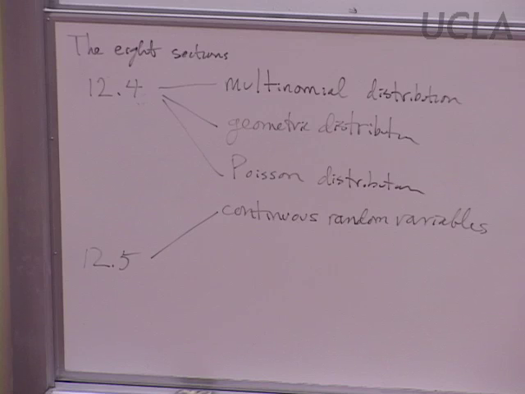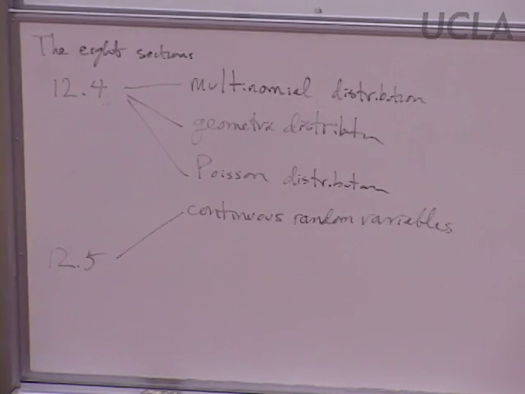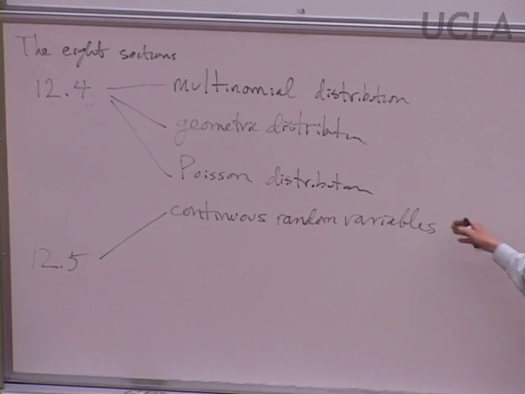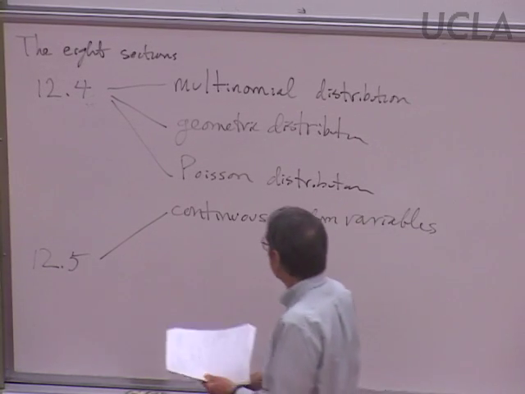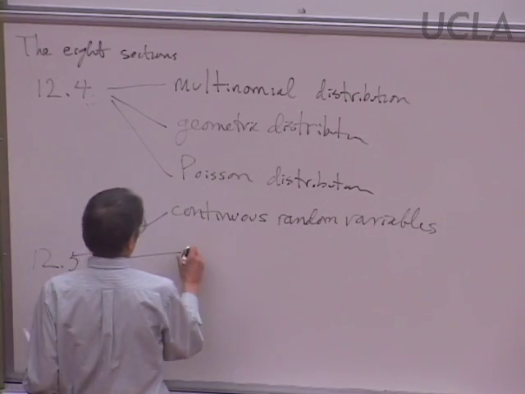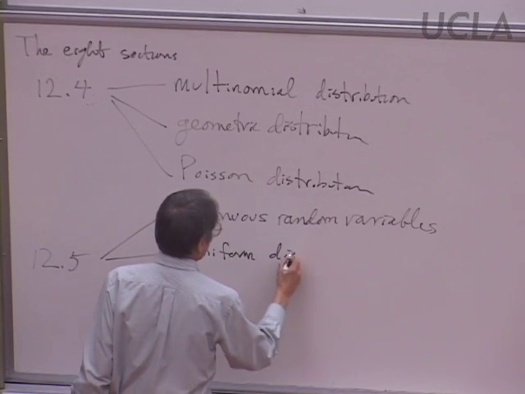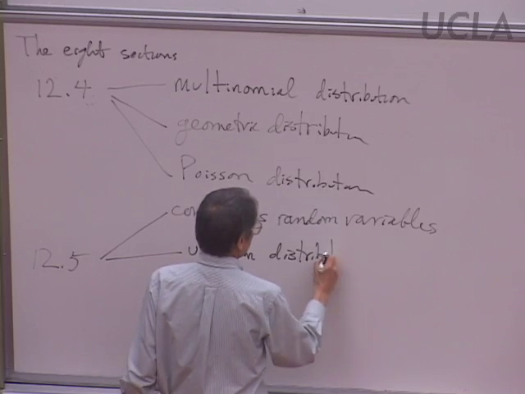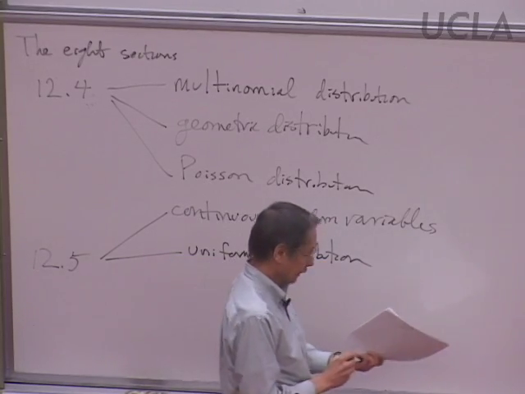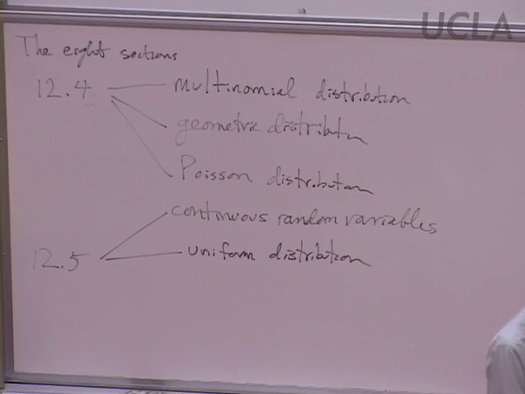The expected value you get by a certain integral, variance as an integral, cumulative distribution function, the uniform distribution, where we're picking a number at random from some interval, and the density function is just flat.